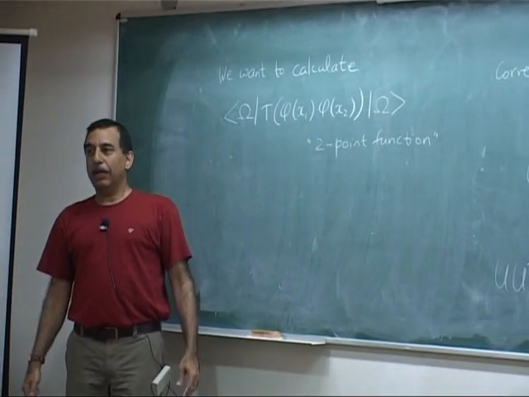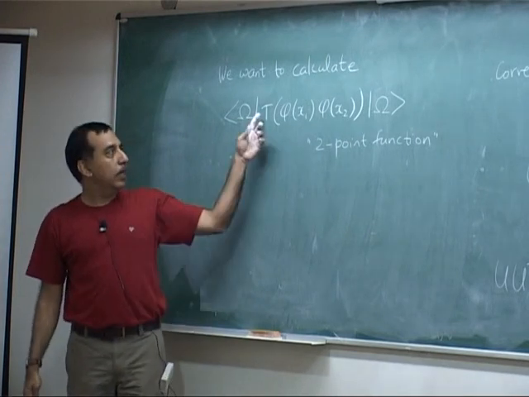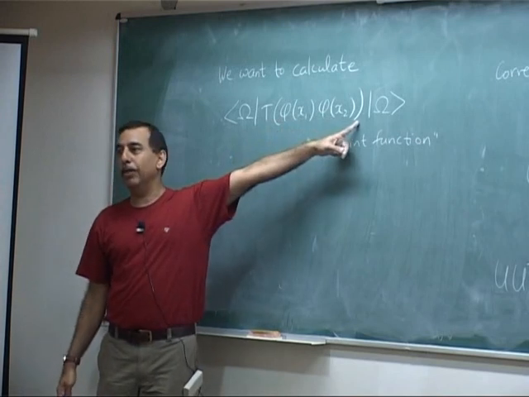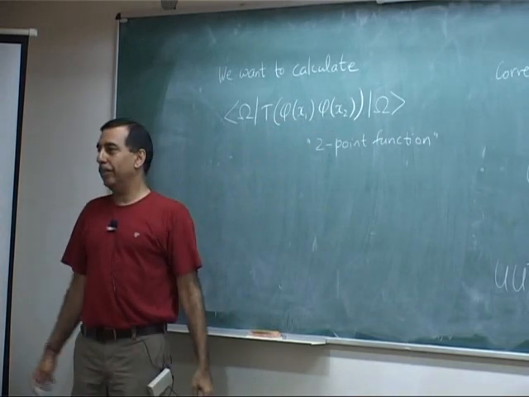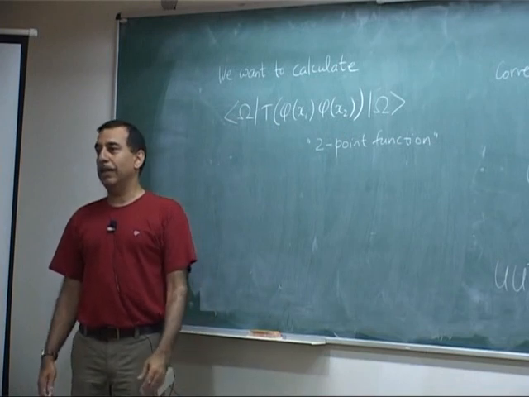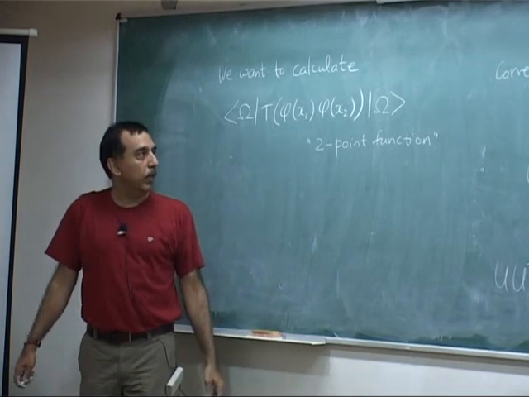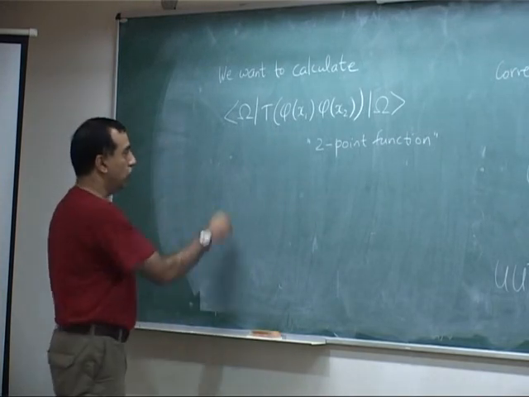But if I say 4-point function or 5-point function or any n-point function, it's time ordering and then that number of fields inside. These are useful building blocks to compute things like scattering amplitudes and cross sections in field theory, and this is the simplest of the building blocks. So now we have two jobs.